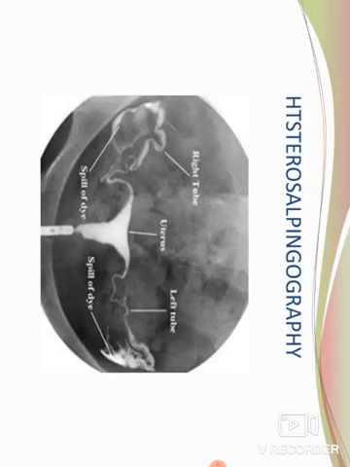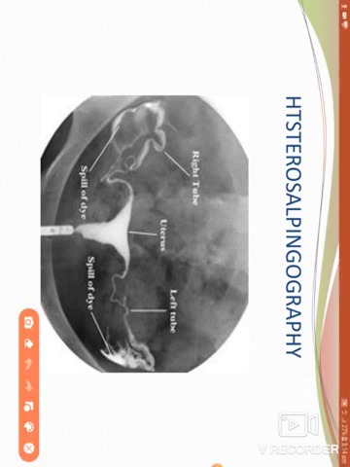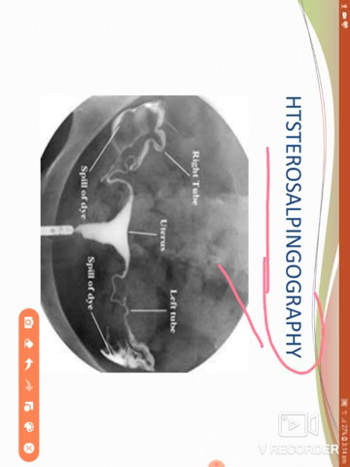Then here you can see hysterosalpingography. This is the X-ray image of hysterosalpingography. It's a radiological procedure to investigate the shape of the uterine cavity and the patency of the fallopian tubes.